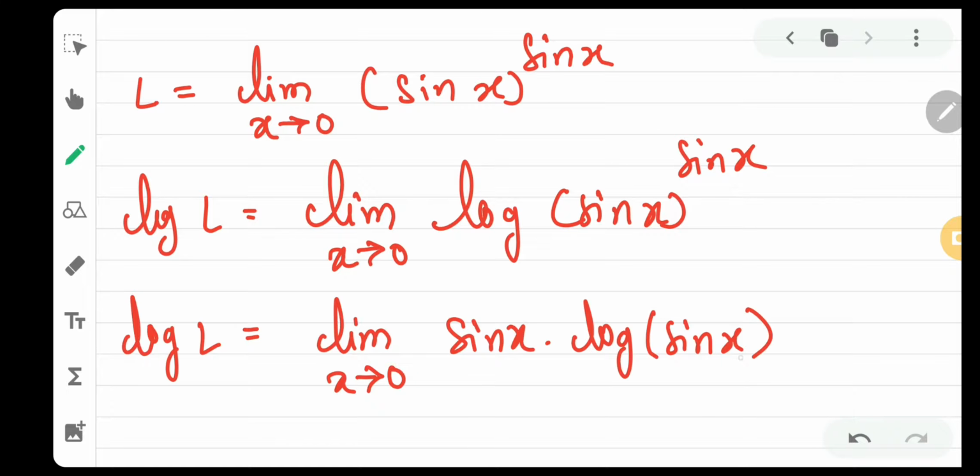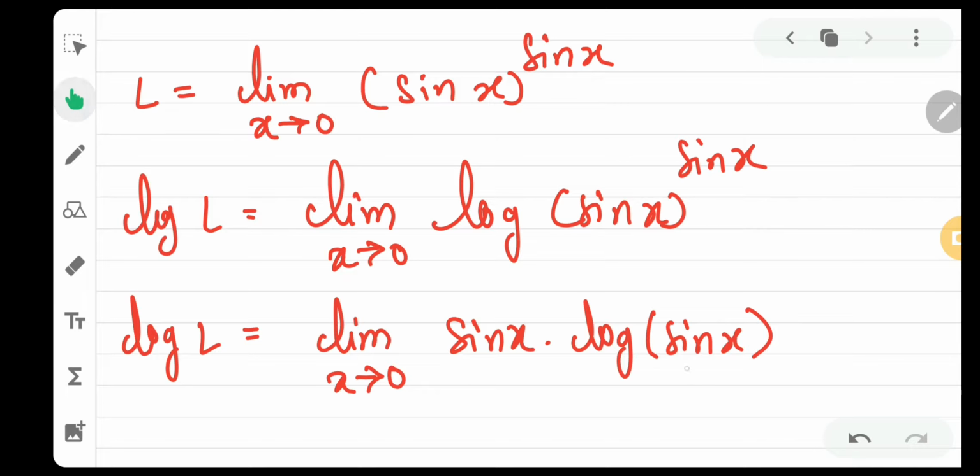Now there is no way we can solve this question by normal methods, so we will try to get a 0 by 0 format or infinity by infinity format, because these can be easily solved by L'Hopital's rule. But I don't see a 0 by 0 or infinity by infinity format right now.